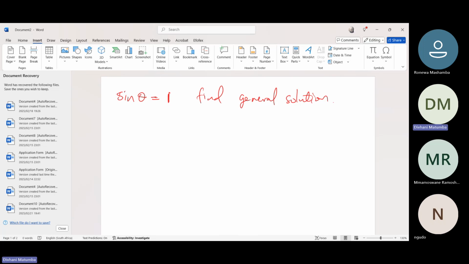What is the general solution of sine theta equals 1?